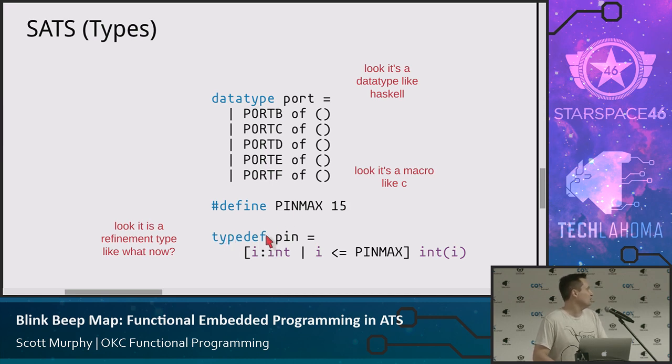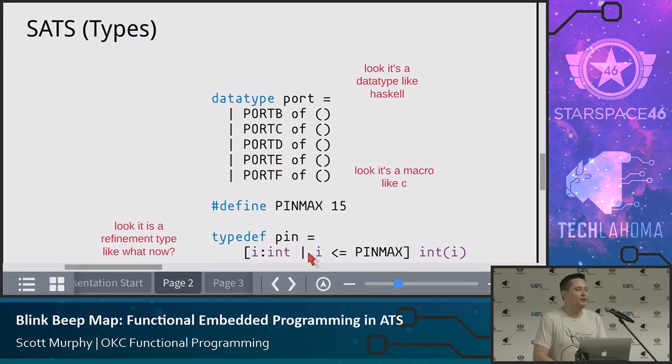Okay, now this is a refinement type. So this is a little different. What you have here is you say an I is an int such that I is less than pin max. All right, and then this is saying that the sort of I is int. So let's go through that. So first of all, I is an int, so that means it can be a positive or negative integer of whatever the word size of your computer is. And then such that I is less than or equal to pin max. That's a little bit different.